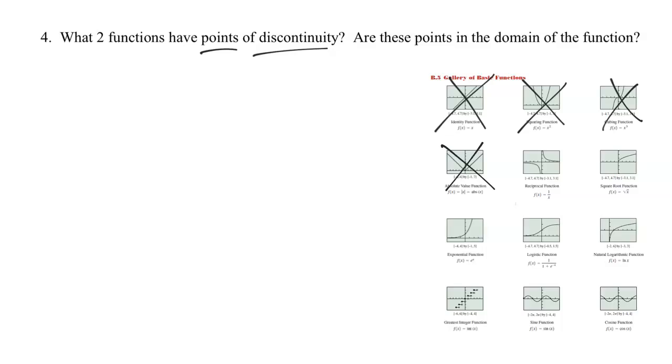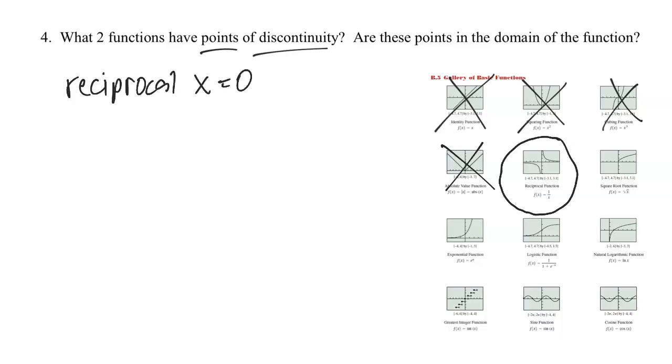The absolute value can be drawn without picking up your pencil. The reciprocal function cannot be drawn without picking up your pencil. You have to pick up your pencil at x is equal to 0 in order to keep drawing that function. So the reciprocal is one of them, and it has a point of discontinuity at x is equal to 0.